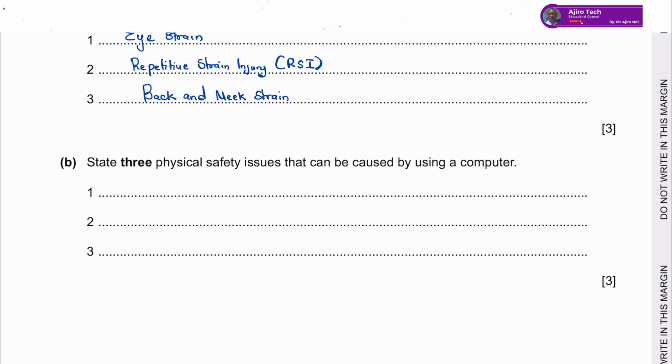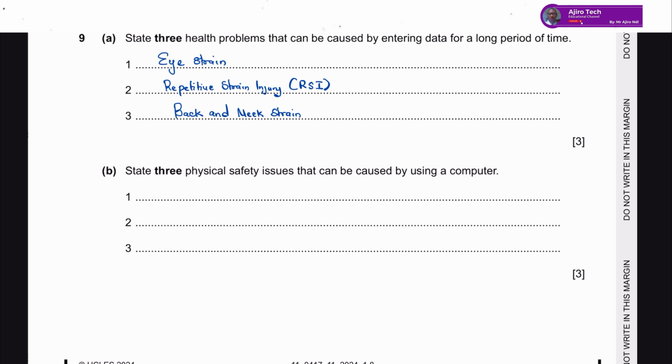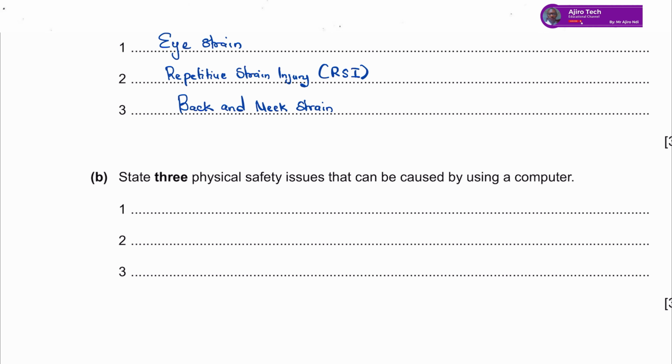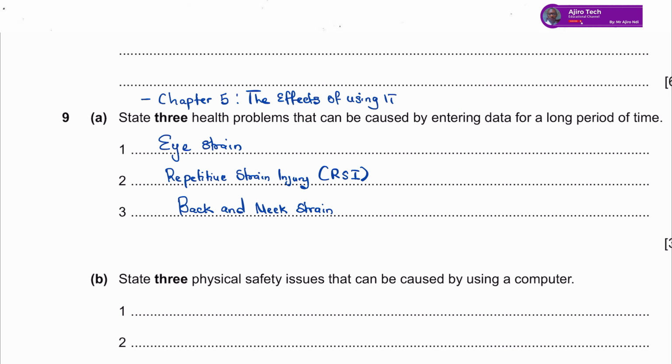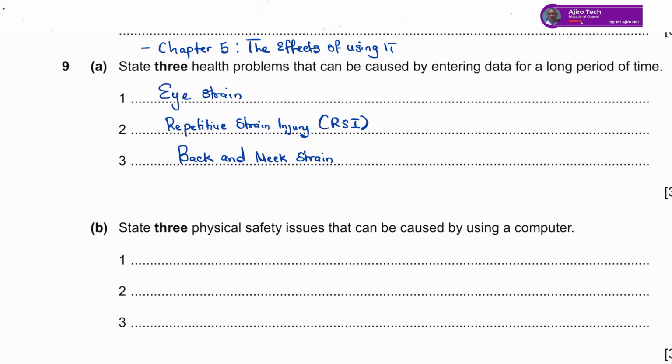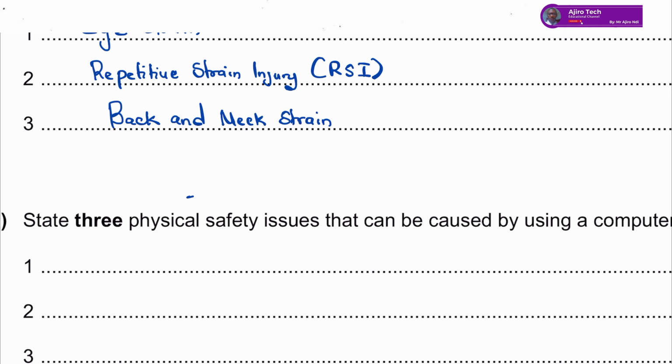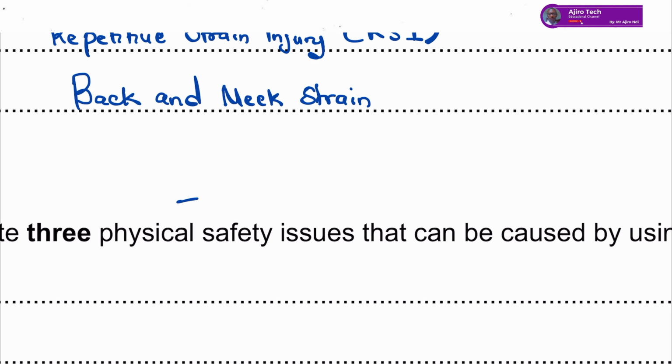Let's look at question 9b. State 3 physical safety issues that can be caused by using a computer. Now, this will take us to chapter 8.